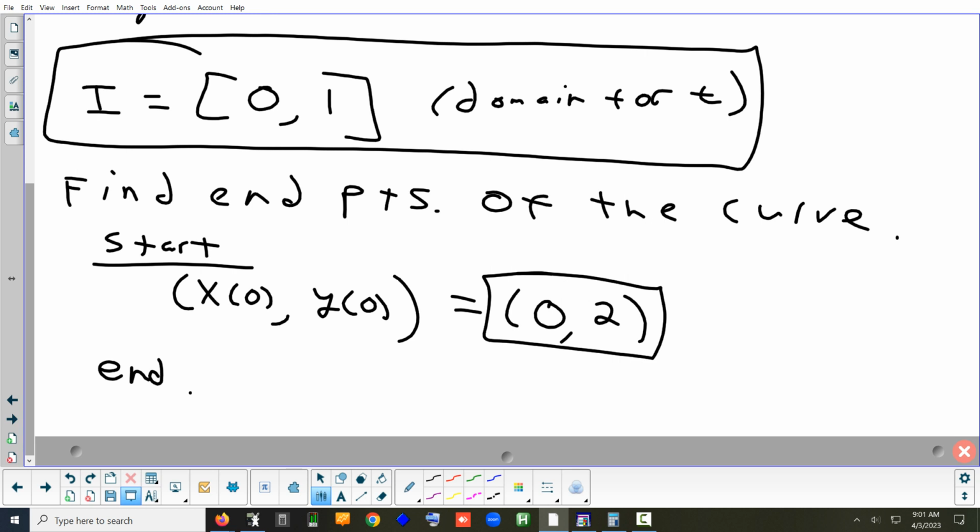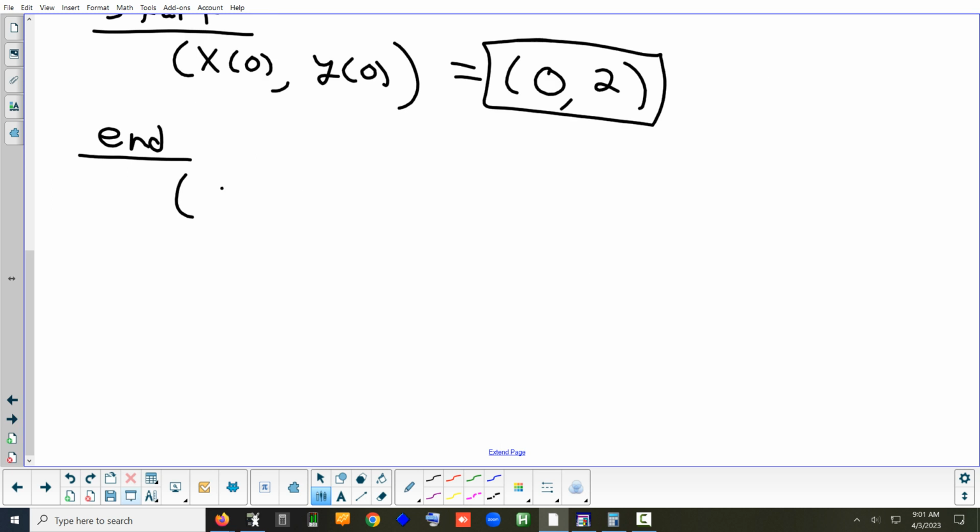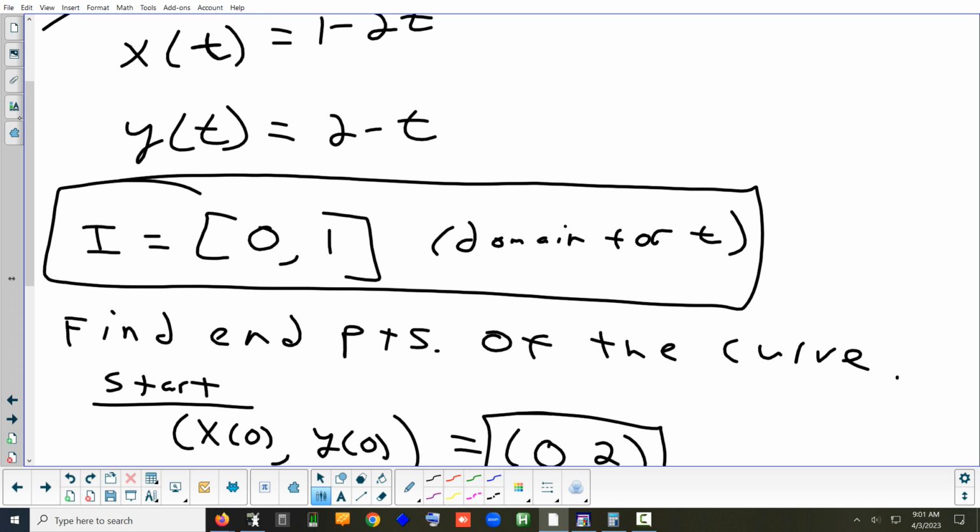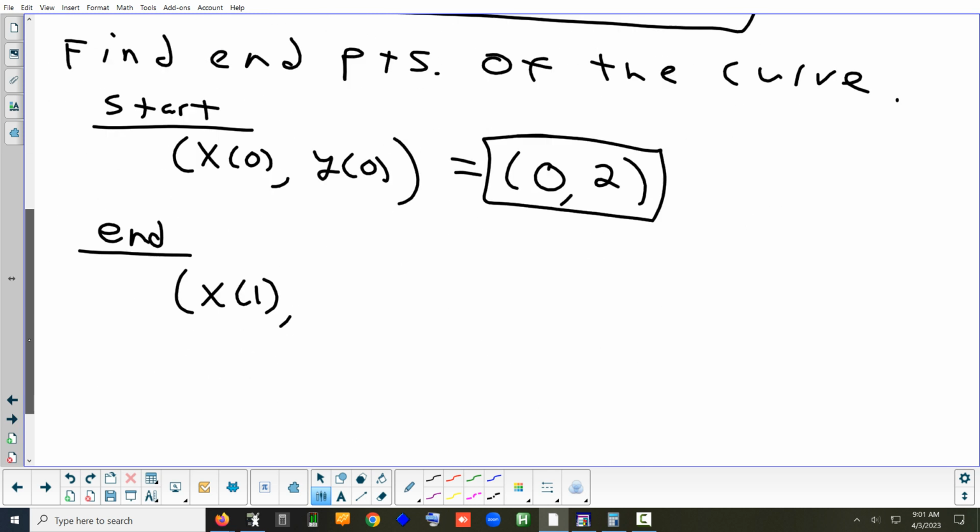And where does it end? Caleb, what number is going to control the end point? The 1. Okay. So we're going to take the 1 and we're going to plug that in to the x formula. And then we're going to take 1 and plug it into the y formula.